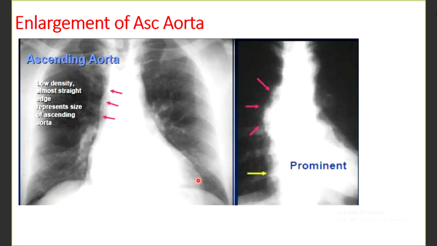Next structure we would like to evaluate would be the ascending aorta. In the ascending aorta, you see the smooth curve, and sometimes it is seen as a right border of the heart, especially if it is dilated. If you trace this curve distally, you know that it goes to the aortic knob.